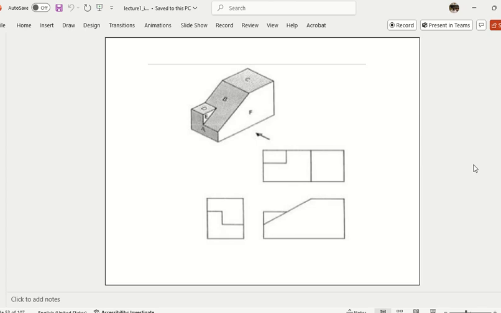So this is now with the inclined view. Again, which method is this? First angle, third angle? What did I say was the difference?